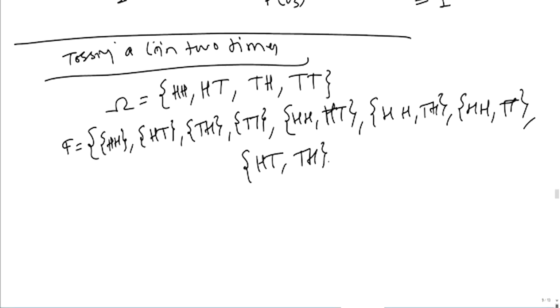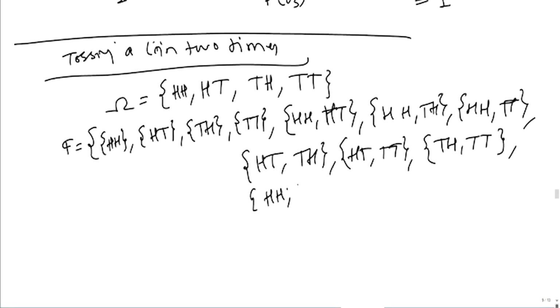HT TH, HT TT, then TH TT, right? And then you can have combinations of 3 pairs, right? So for example, HH, HT, TH, right, and so on. So you will have many possible events. Now, so this is your event space, okay?